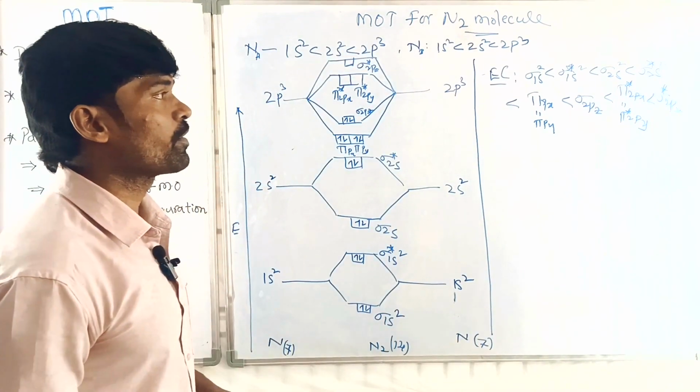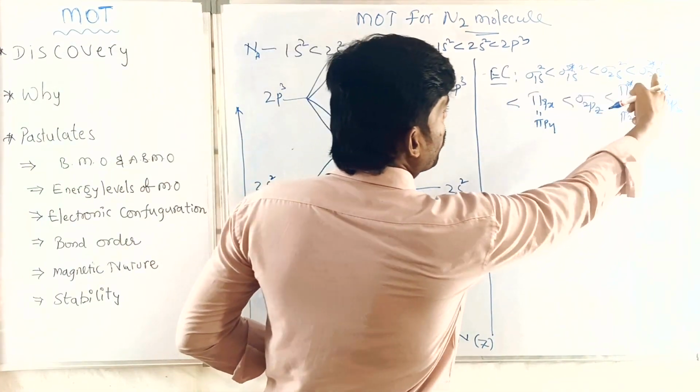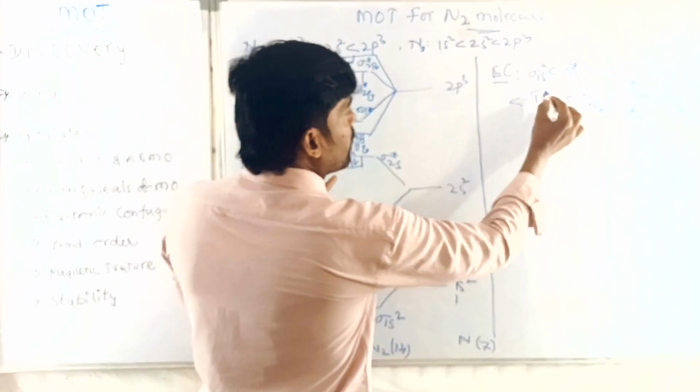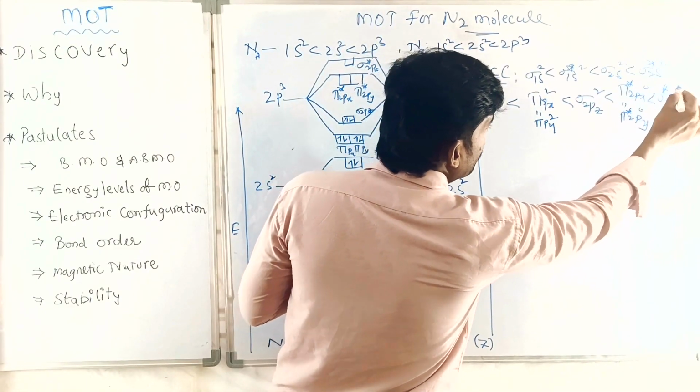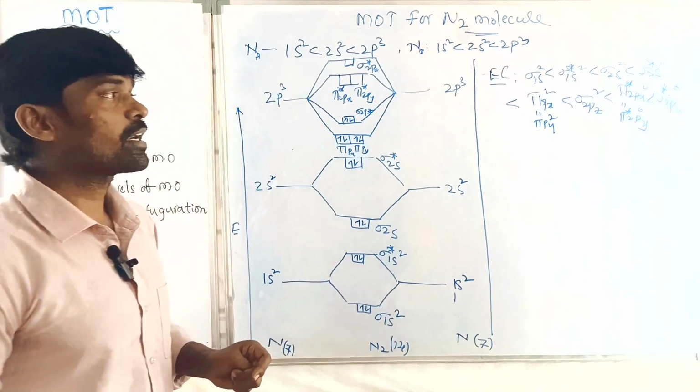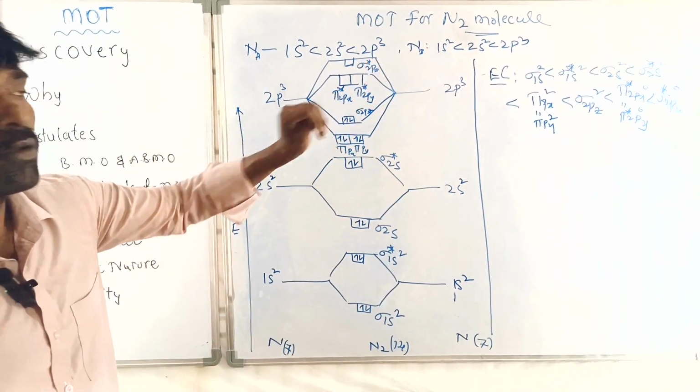This is the electronic configuration. Let's fill the electrons: 2 electrons here, 2 electrons here, 2 electrons here, and 0, 0, 0 in the rest. This is the electronic configuration for the N2 molecule.